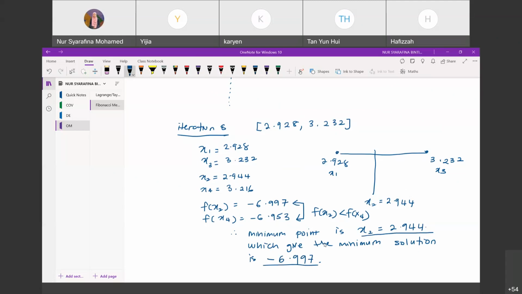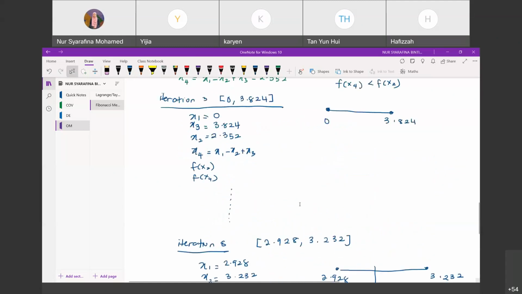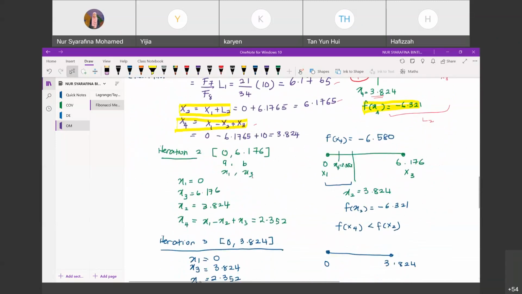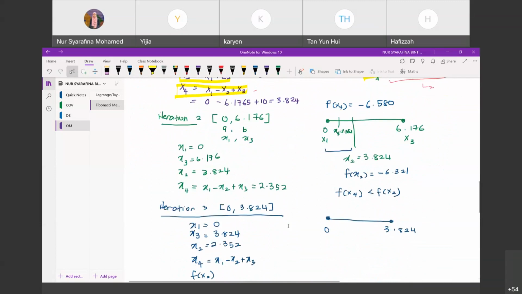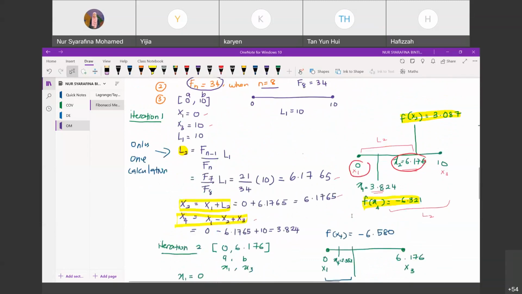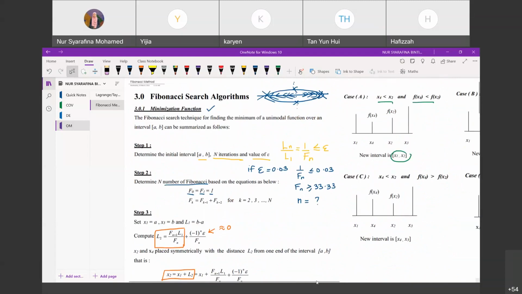The process is quite similar to the previous step. The crucial part is in iteration number 1, and then you just repeat the process. Take x1, x3, take the value in the middle as your x2, find x4. Again, compare the values, check the next interval by looking at the cases here.